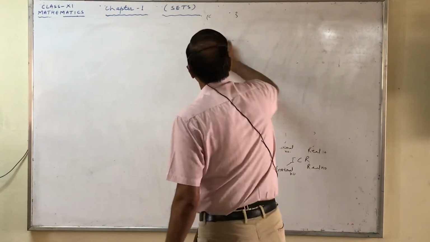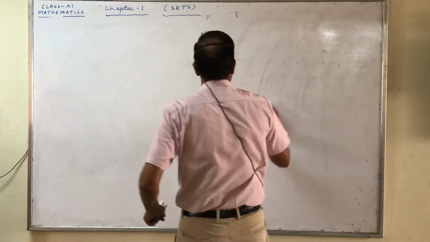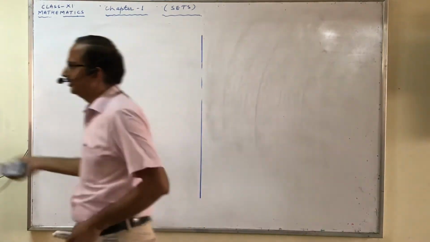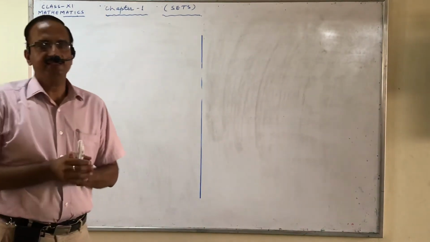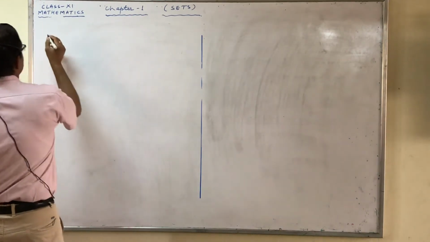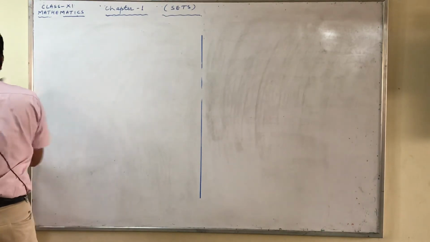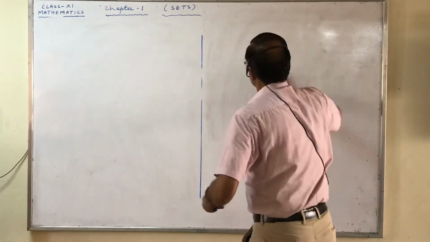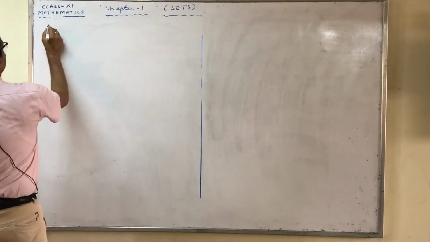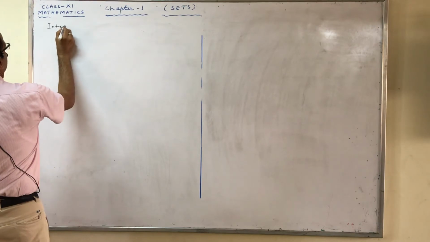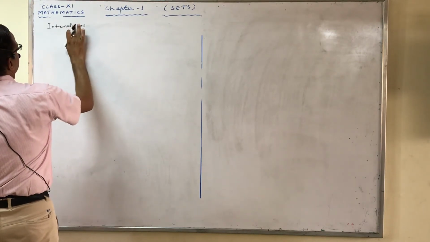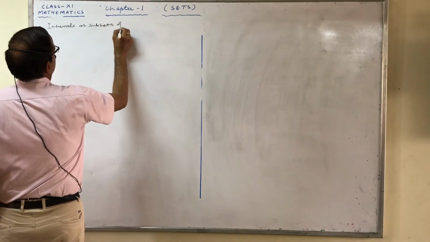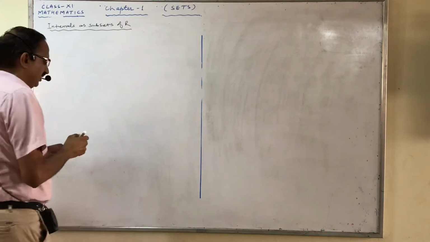We will start the next topic, and this is related to set builder form, roster form and number line. So it is intervals as subsets of R.